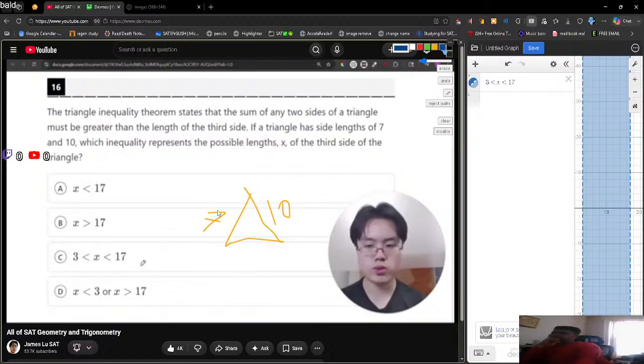My brain was like, oh yeah, so this is the biggest number. But let's say this x could have been a smaller number, like 3. Then this becomes the biggest number. So 7 plus 3 is 10, which won't work.